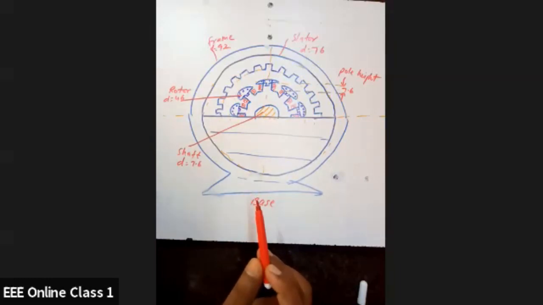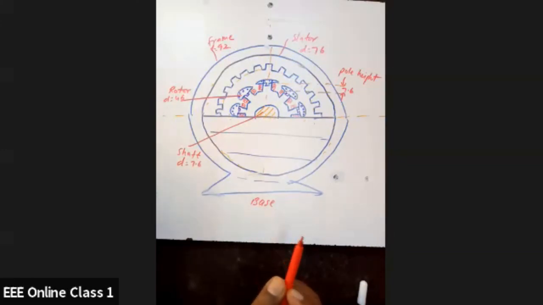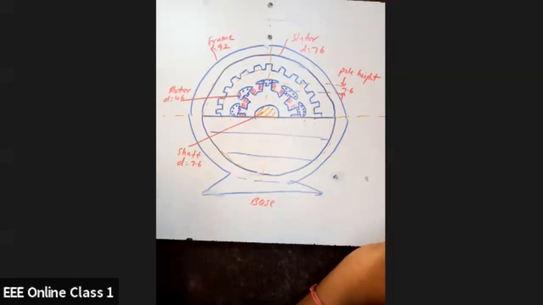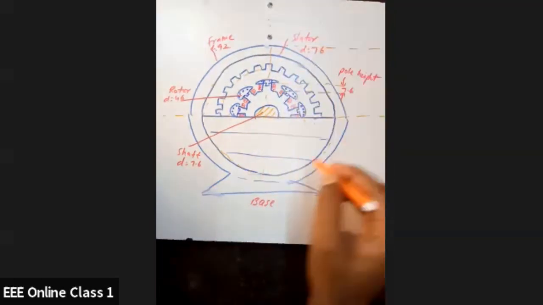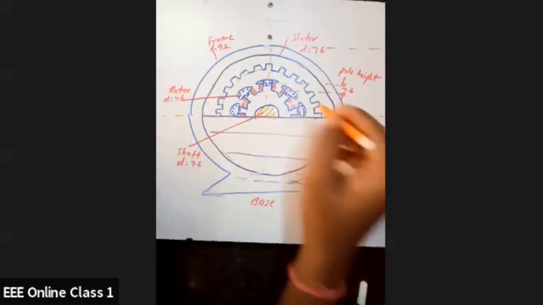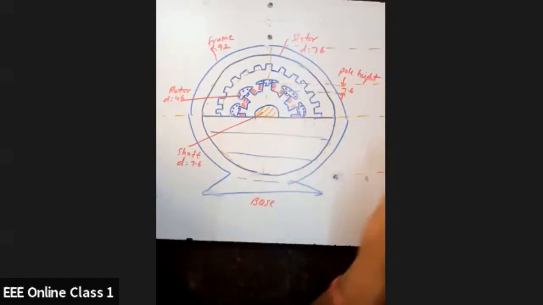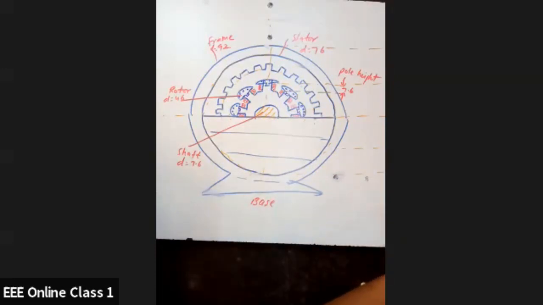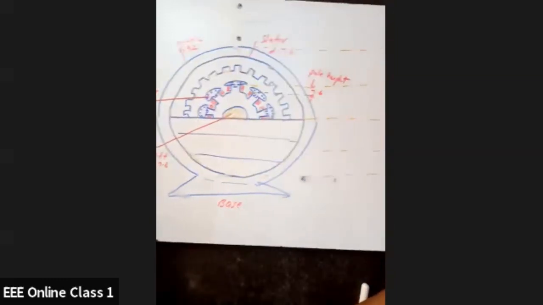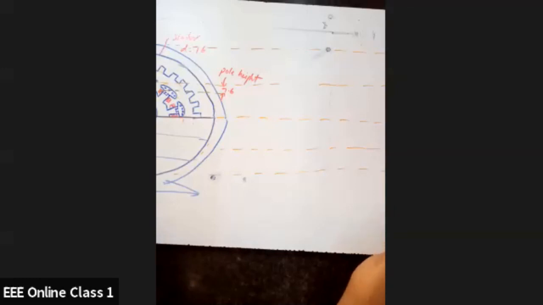And now let us draw the front view. So what we can do is we can take the extensions. Length of the stator is given.